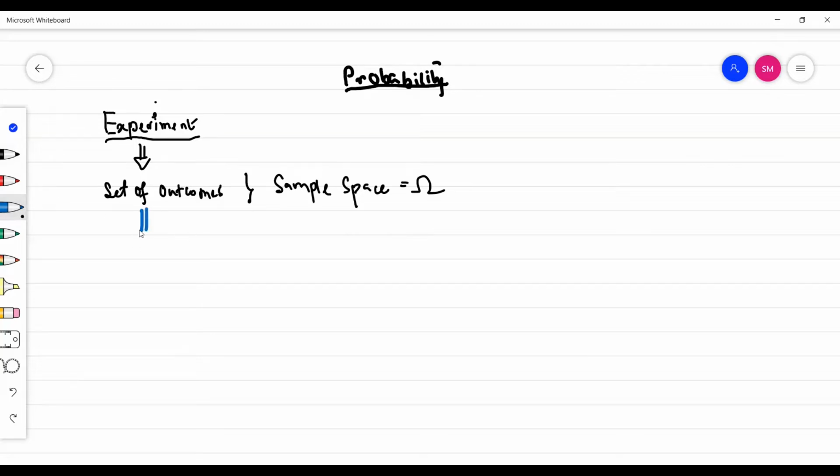Now, what we need to know, let's say, for example, we are rolling a die, and we have the set of outcomes 1, 2, 3, 4, 5, 6.